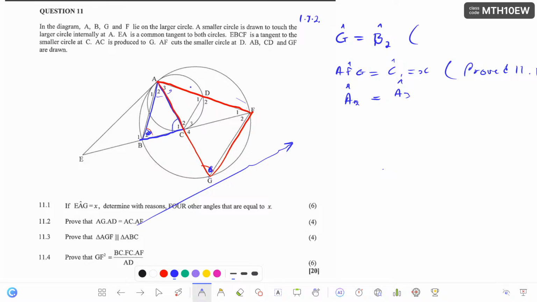This angle, they're equal to each other. Reason, sum of the angles in a triangle. So now we can conclude and say triangle AGF is similar to triangle ABC. Reason, angles. Yeah, I'm going to get your formats for that.